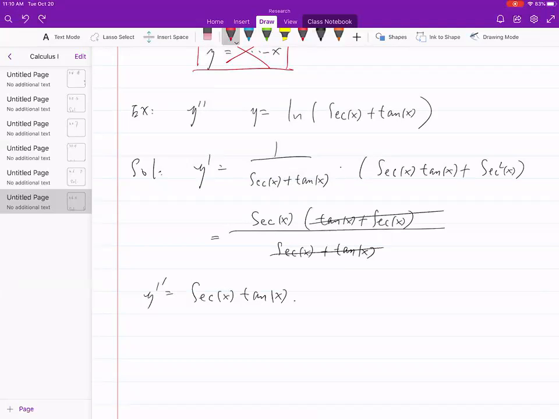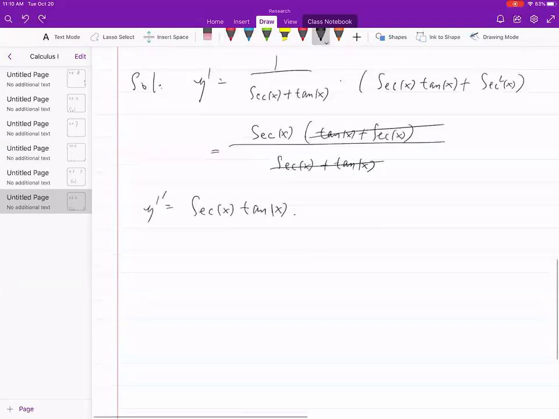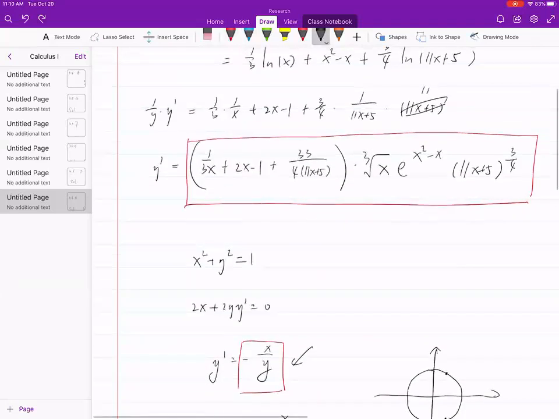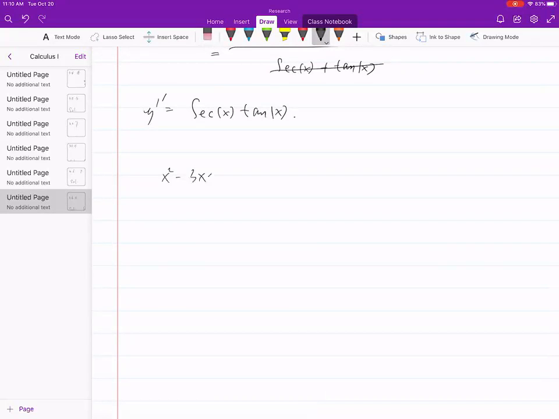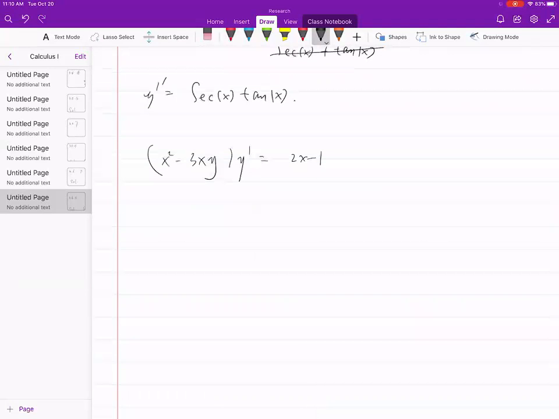Speaking of writing, by the way, I was giving an example to the other class about a problem which we didn't do. For example, if you end up with this, your answer should be this.